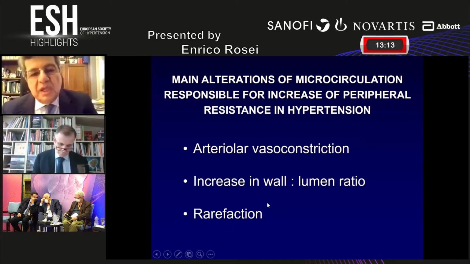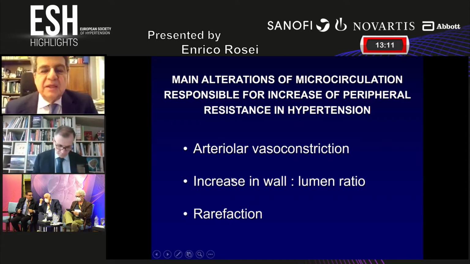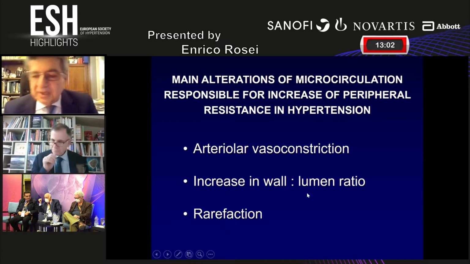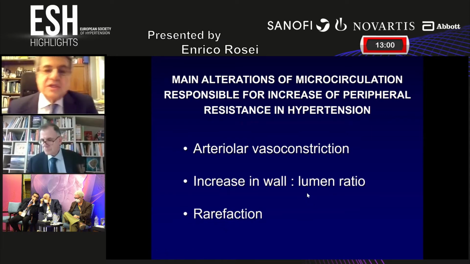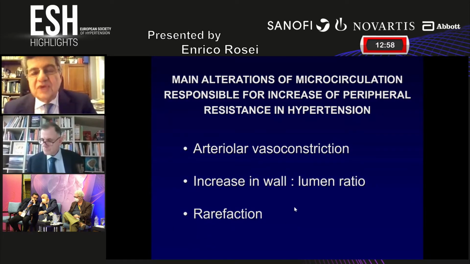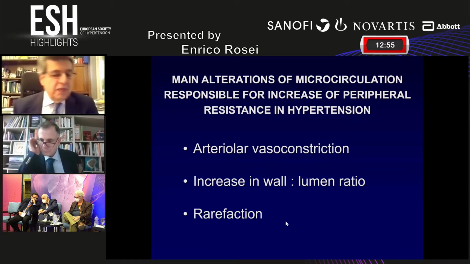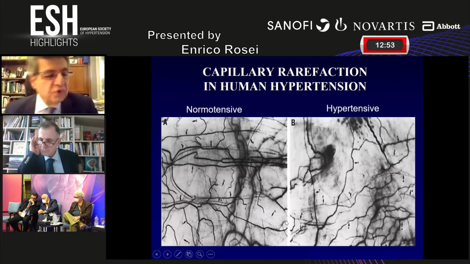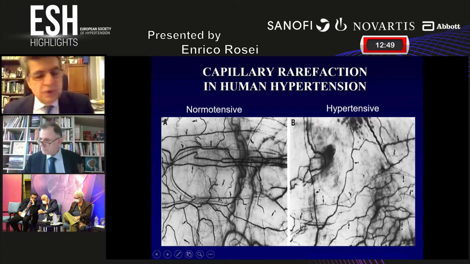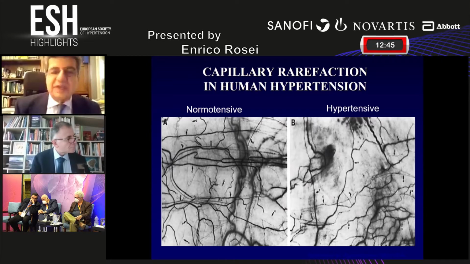The two main structural alterations are, one, the increased wall-to-lumen ratio of small arteries, and two, the rarefaction of arterioles and capillaries. Rarefaction is very well demonstrated, and now it can be measured also using non-invasive techniques. And certainly it may contribute to an increase in resistance.